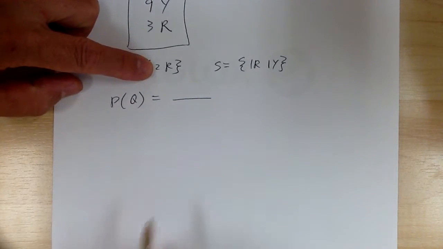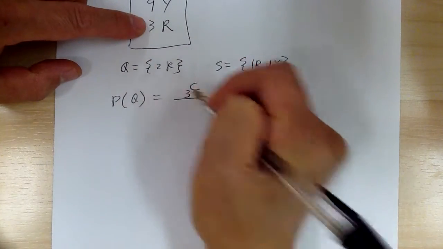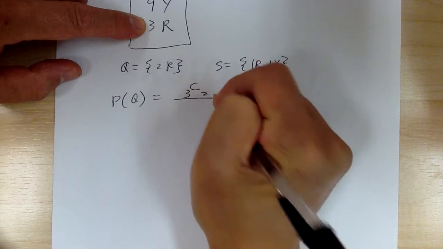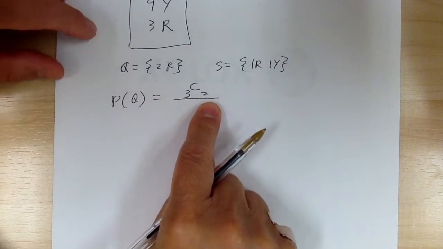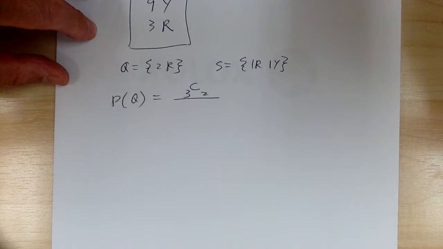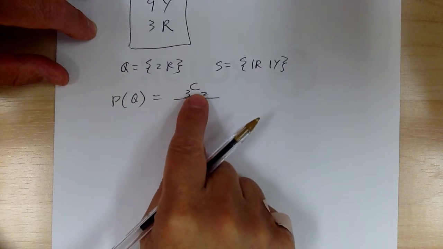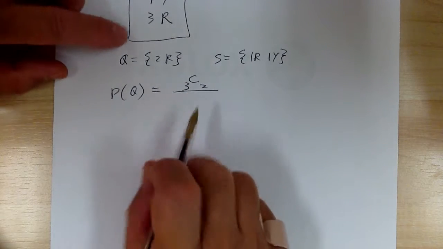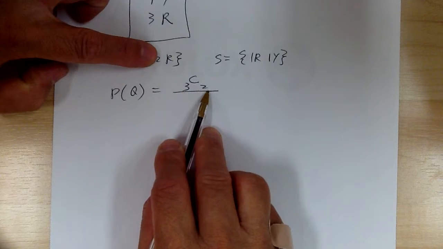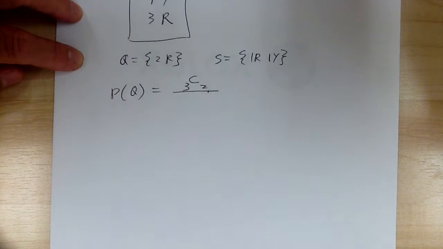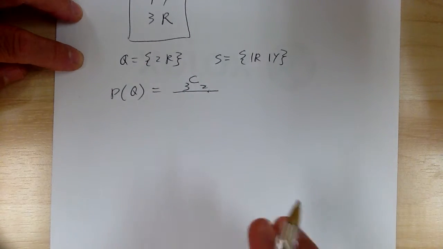You want 2 red, so there are a total of 3 red, and you want to get 2. So 3C2. Whenever you're getting more than one item, you have to use combination. So that is your event, that's what you want, over the sample space.